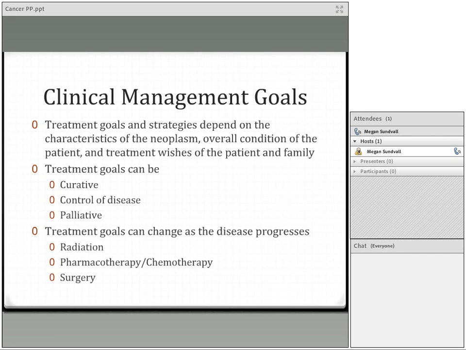So again, following that treatment wish of the patient. Treatment goals can be changed as the disease progresses, but different things that they can be doing are radiation, pharmacotherapy, chemotherapy, and surgery. Treatment depends on the cancer site, type, disease progression or spread, and individual patient response.